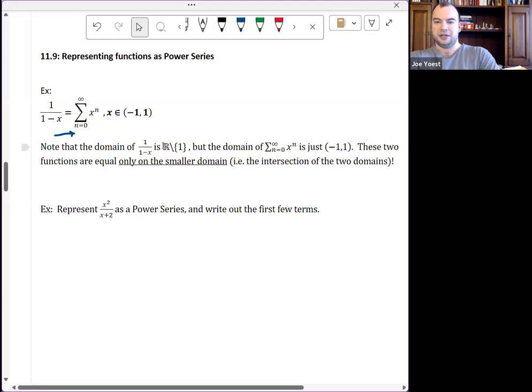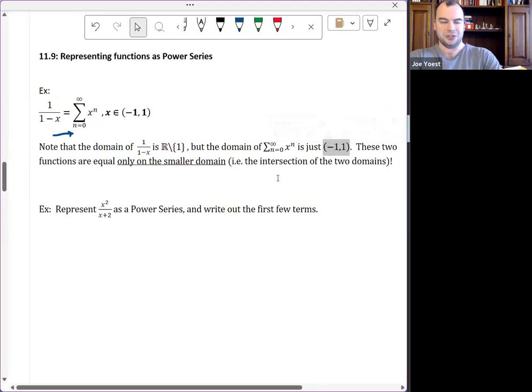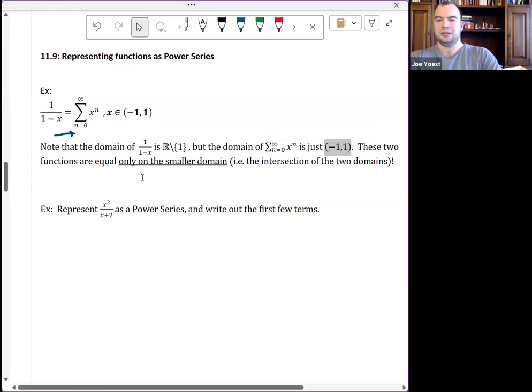The domain on the left side is all real numbers except 1. The domain on the right side is only open negative 1 to 1, which also excludes 1. So the intersection of those domains, or the smaller domain in a sense, is just the open minus 1 to 1.